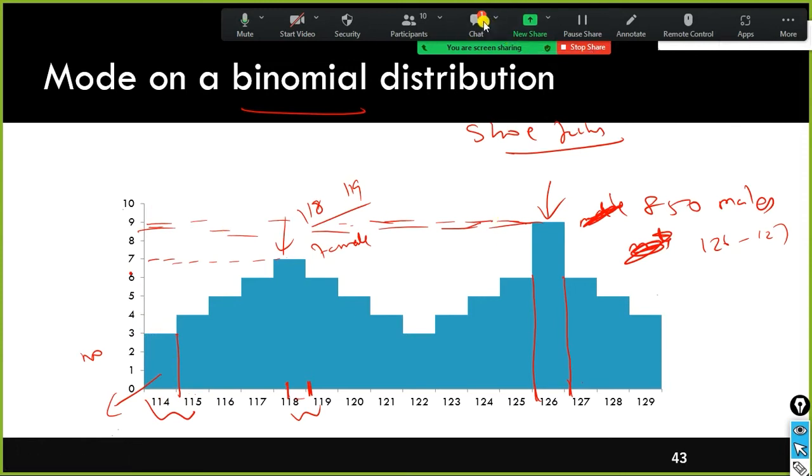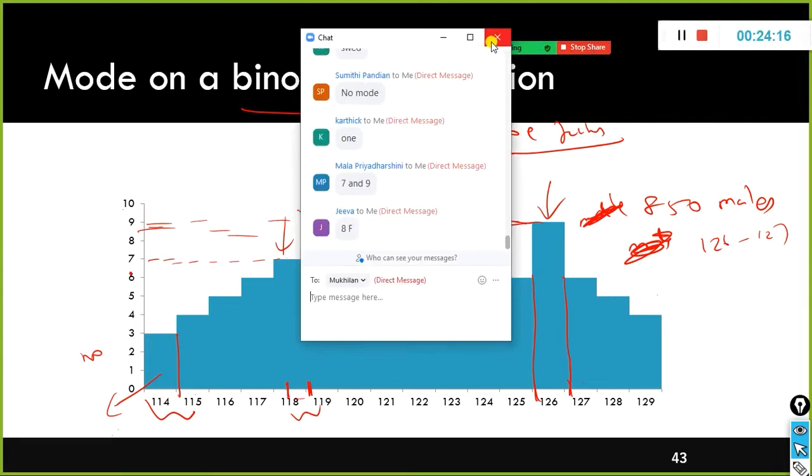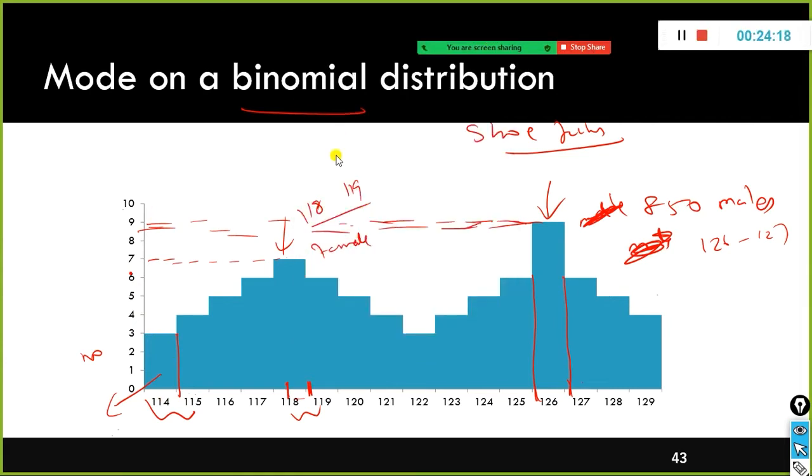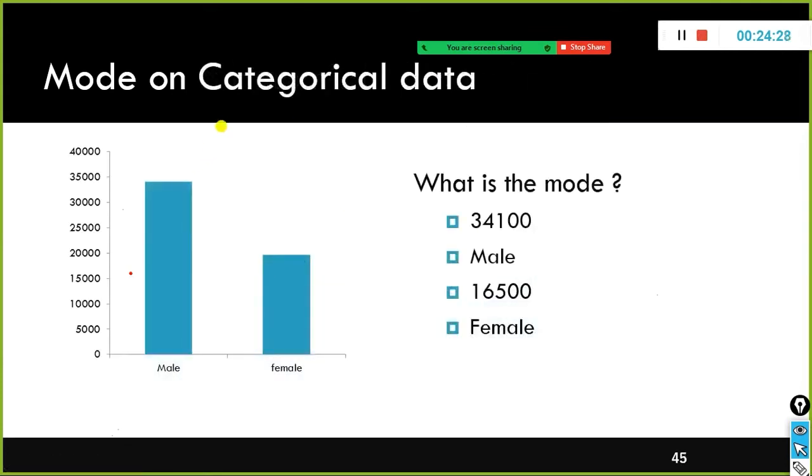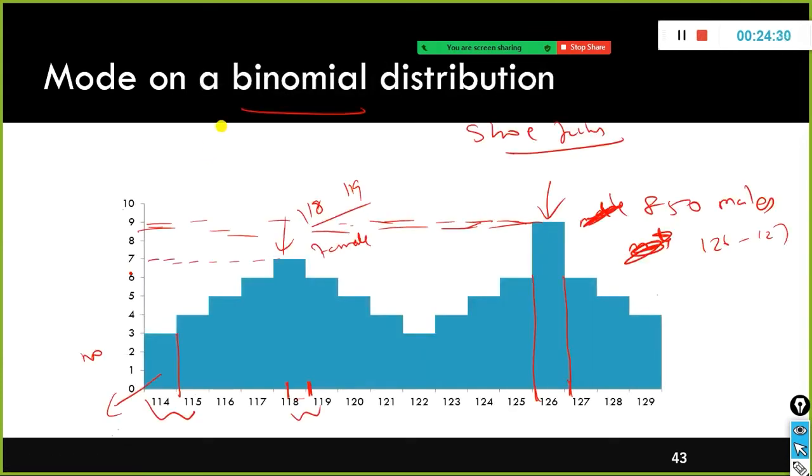So with this, you are able to understand how this distribution tells the story. Storytelling is very much important when it comes to a data scientist, right? As a data scientist, you should be good at storytelling. With this, we are able to tell the story very clearly, or this visual itself tells this.